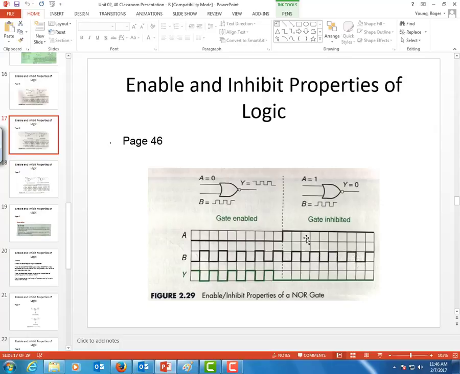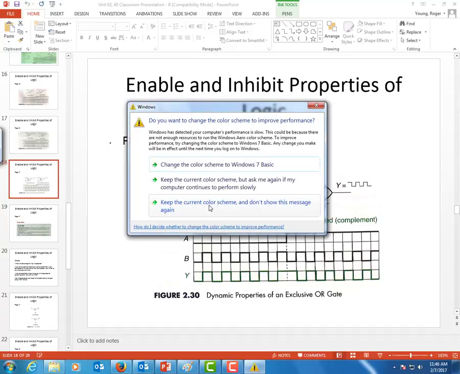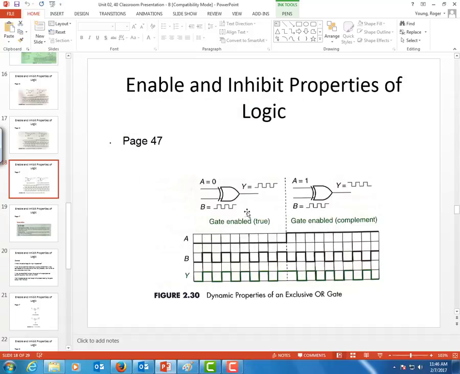All right? Let's look at one more. This is an exclusive OR. Now, this should really solidify the concept of gate enabled. This thing always pops up. This is an exclusive OR, right? And notice what happens.